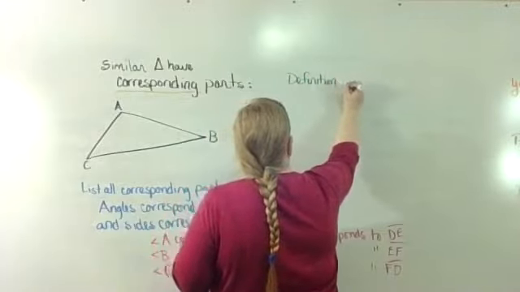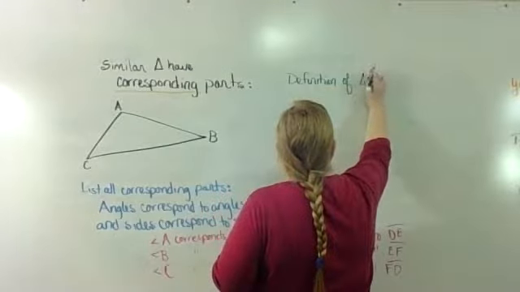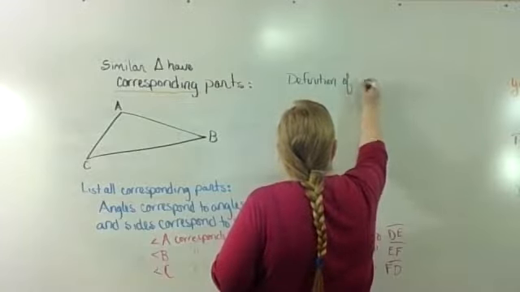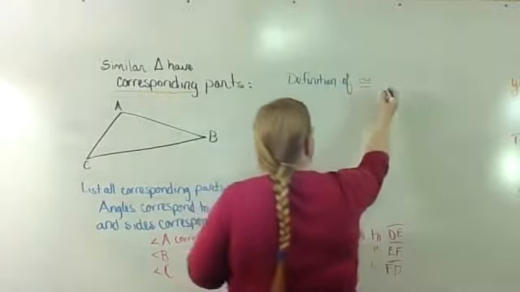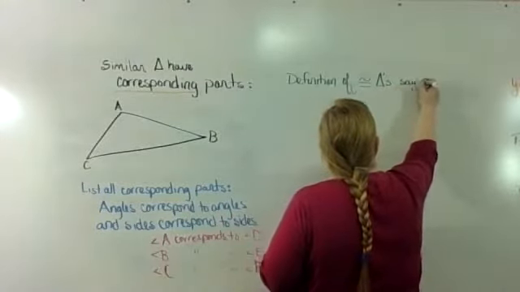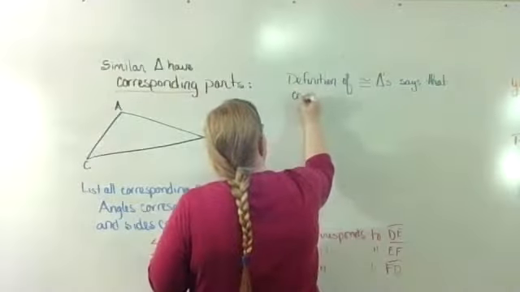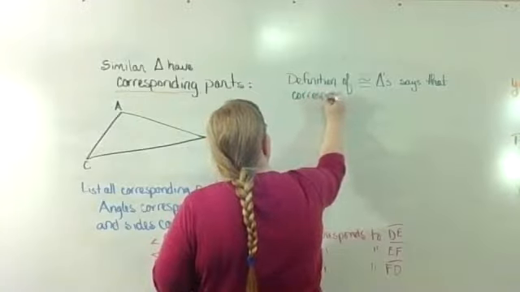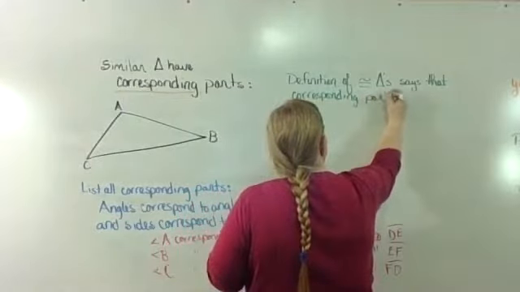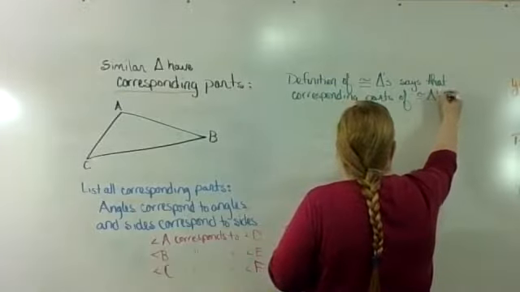Definition of congruent triangles. That's not the symbol for congruent. Definition of congruent triangle says the corresponding parts of congruent triangles are congruent.